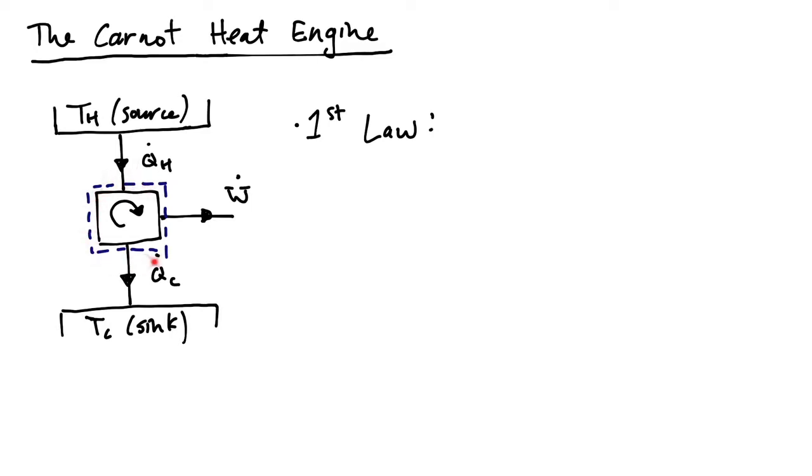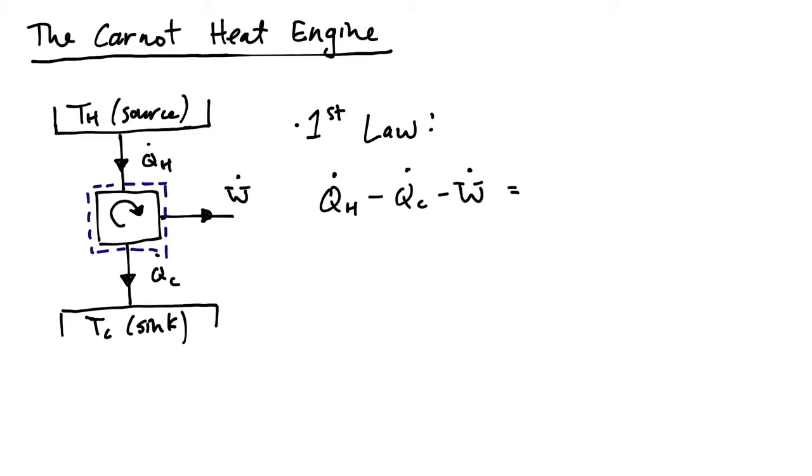So I've drawn our control volume here, and we're going to do a first law analysis over this control volume. Coming in, we've got Q dot H, and leaving is Q dot C, and leaving also is the net work of the cycle, that'd be your turbine work minus your pump work.